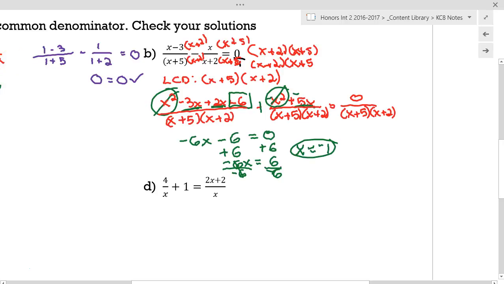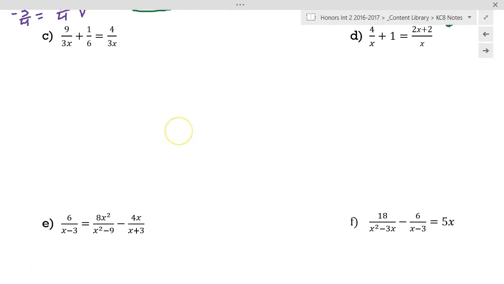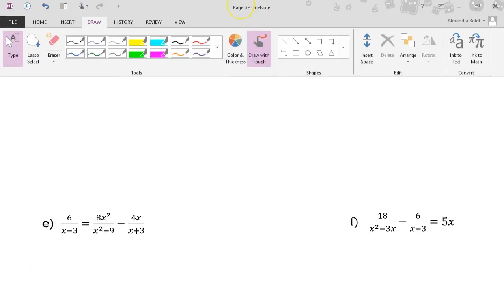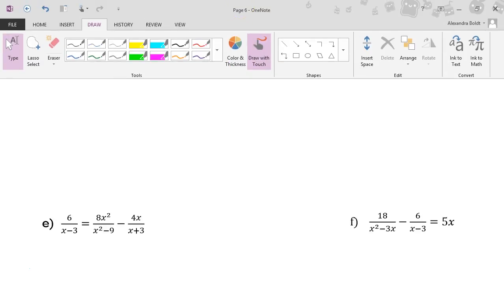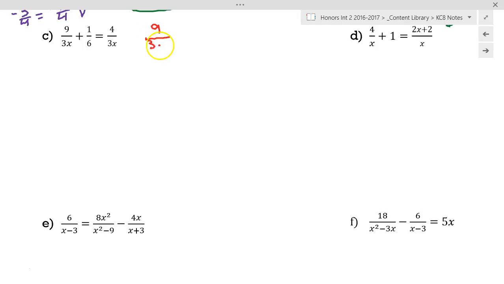Alright, let's look at C. 9 over 3x plus 1 over 6 equals 4 over 3x. So again, I am going to start by factoring. So I get 9 over 3 times x plus 1 over 6 is really 2 times 3 equals 4 over 3 times x.